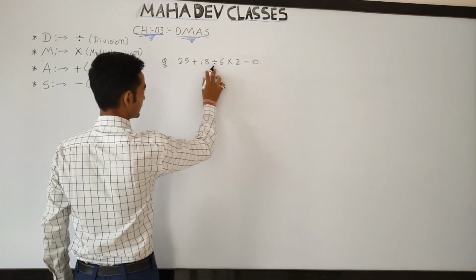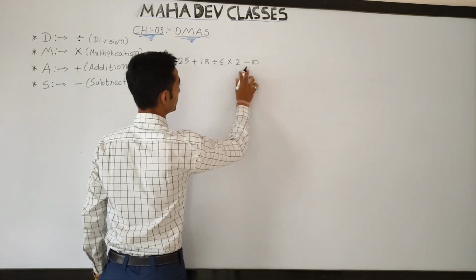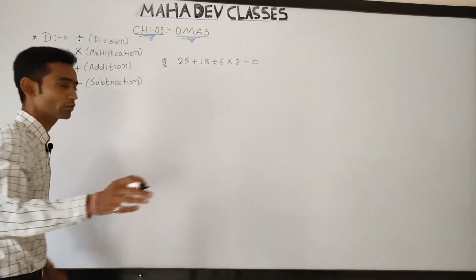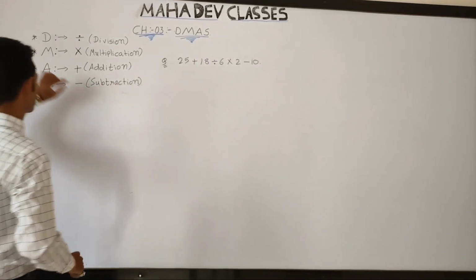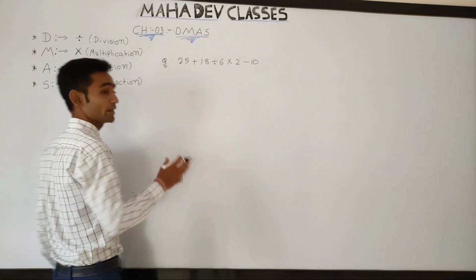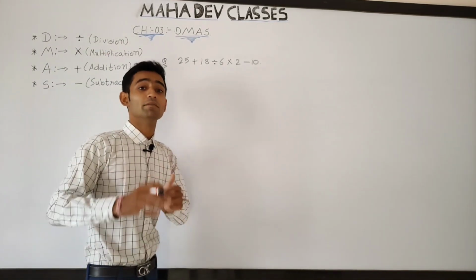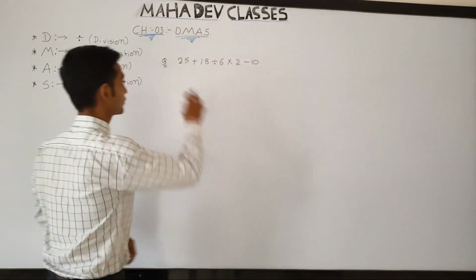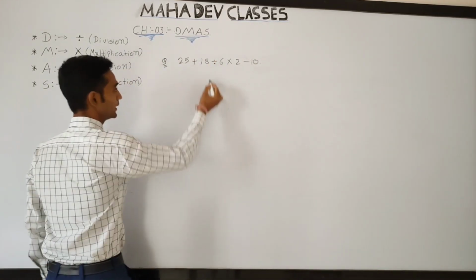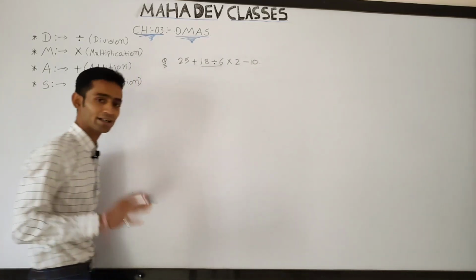25 plus 18 divided by 6 multiplied by 2 minus 10. To solve this question we have to follow this rule. The first one is D, means division. Find out where the division symbol is in this whole question. You can see that the division symbol is between 18 and 6.